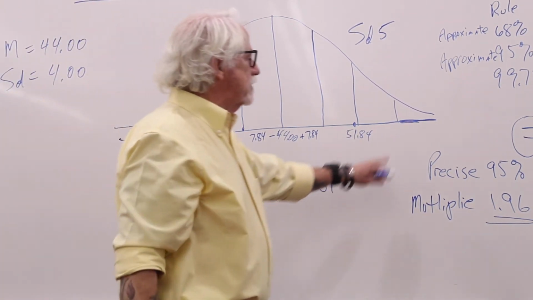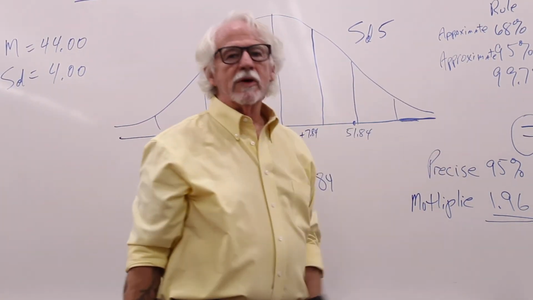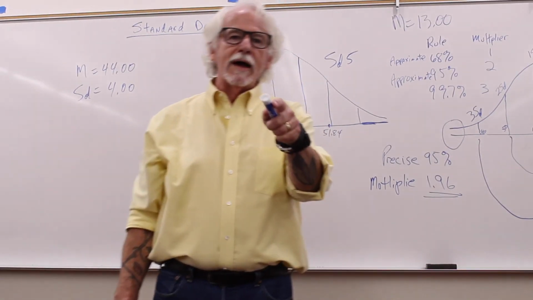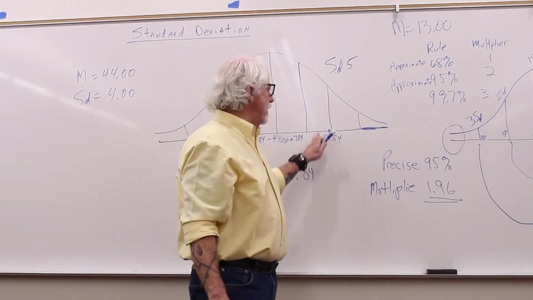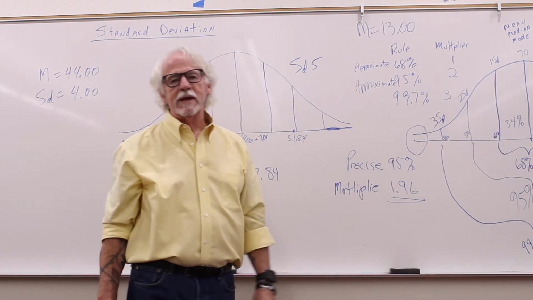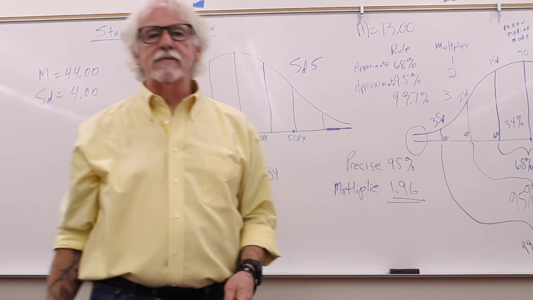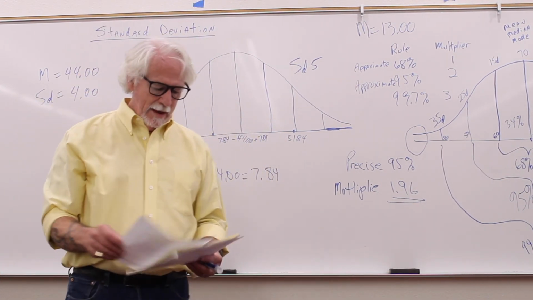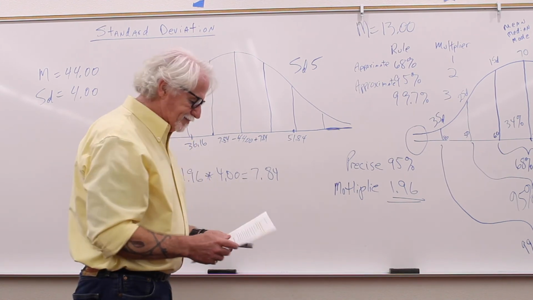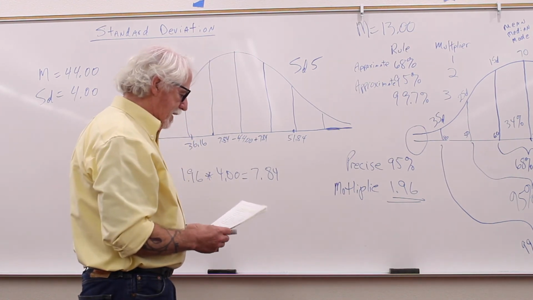In this case, we're talking about the precise rules. But if you want to know what your own score means wherever it lands, we're going to start getting into that too. But for now, remember, those are the rules.